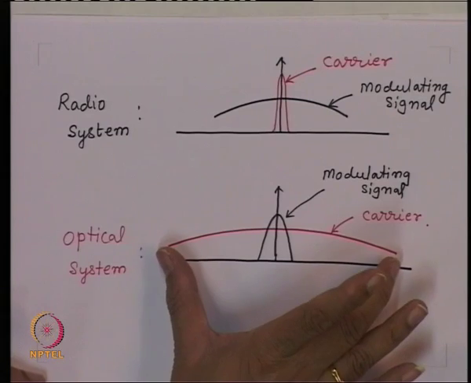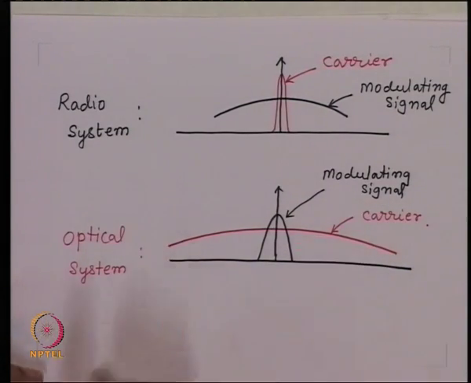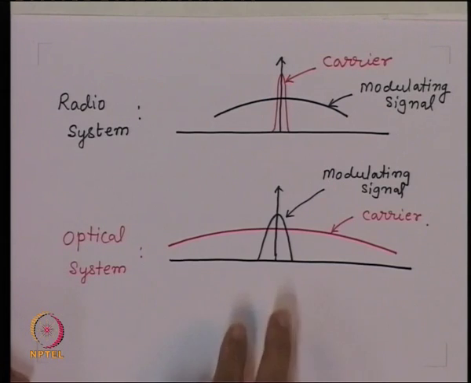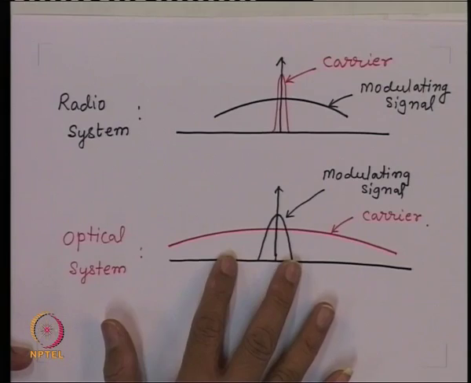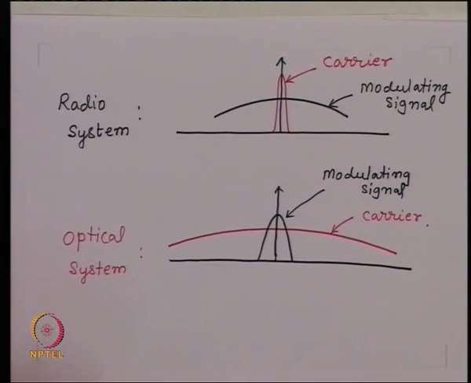The question one can ask is, if I now go to the optical system where the carrier spectral width is much larger compared to the modulating signal, then the total spectrum will be nothing but the convolution of these two. So the total spectrum will be more or less identical to the spectrum of the carrier.